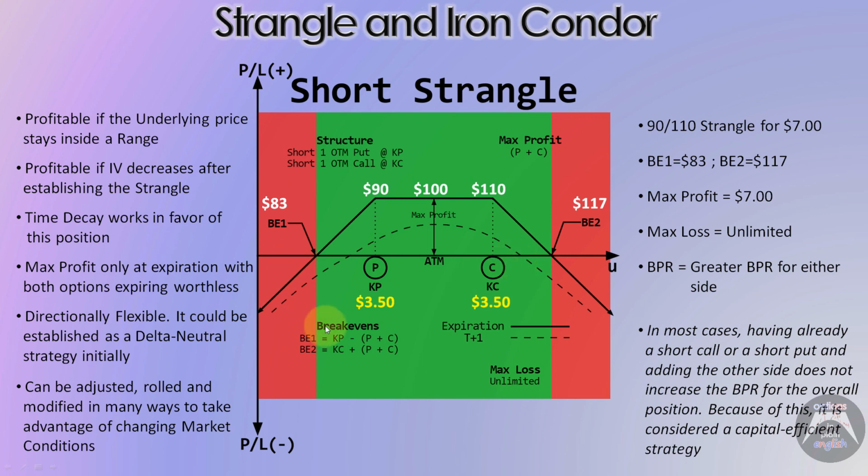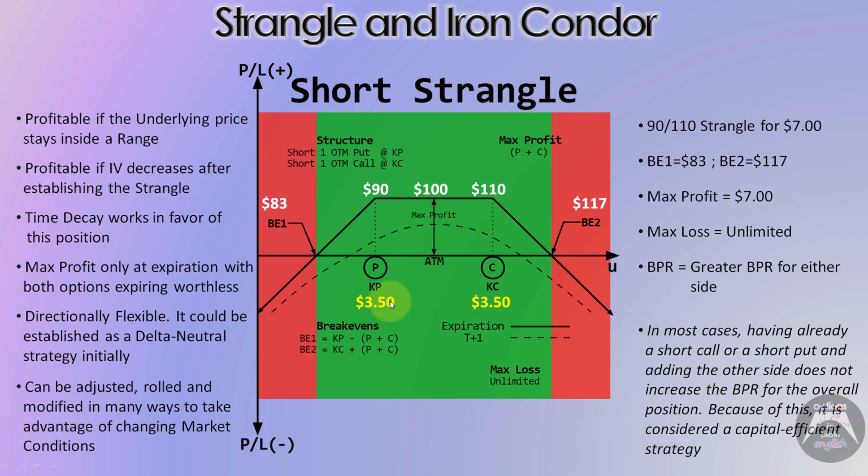You can, for example, buy the wings and turn it into an iron condor, or you can tighten it up so much that it becomes a straddle, which is another strategy that we're going to be looking at, where the strike prices are the same for the put and the call. There's many ways you can modify a strangle to take advantage of changing market conditions.